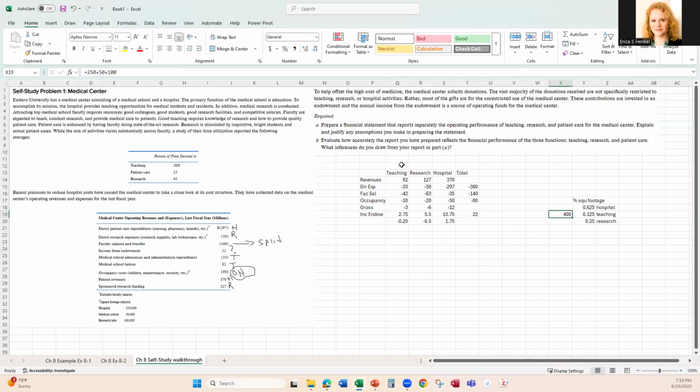What if we do it based on percentage of revenues here? Let's try that one and see where that comes out. We apply that percentage here.